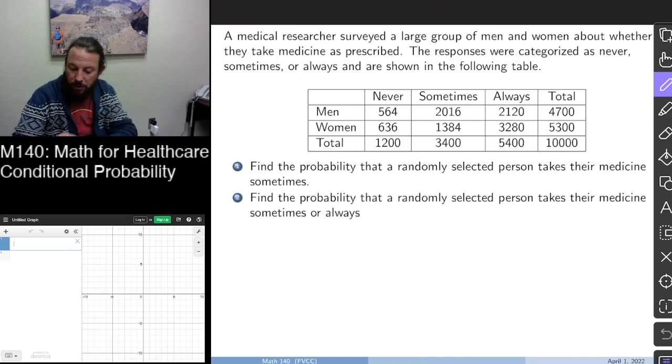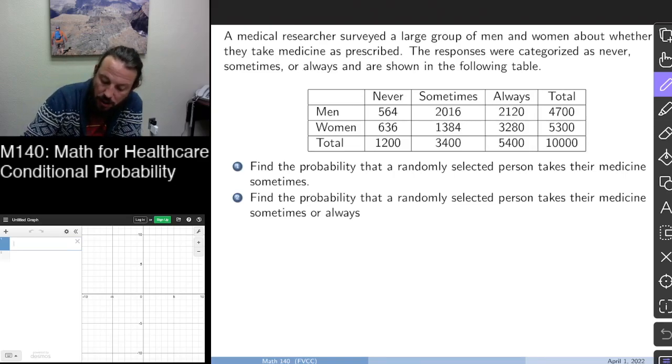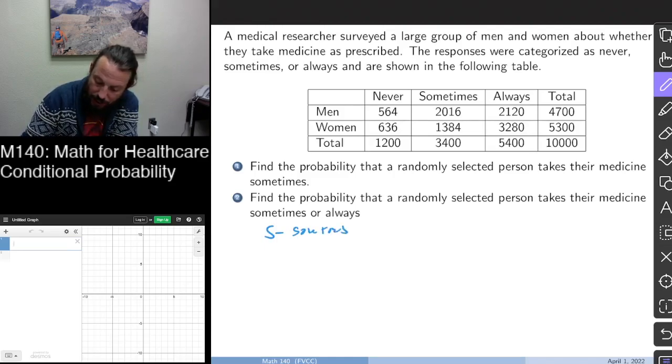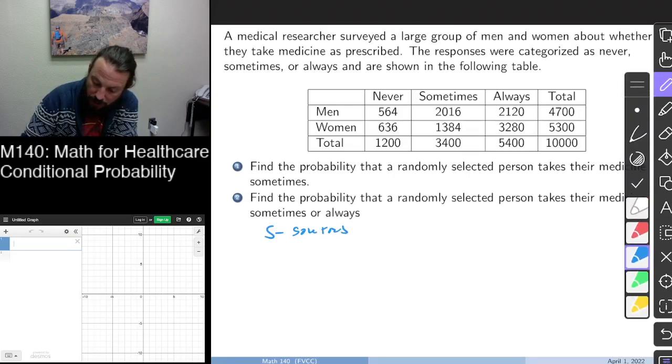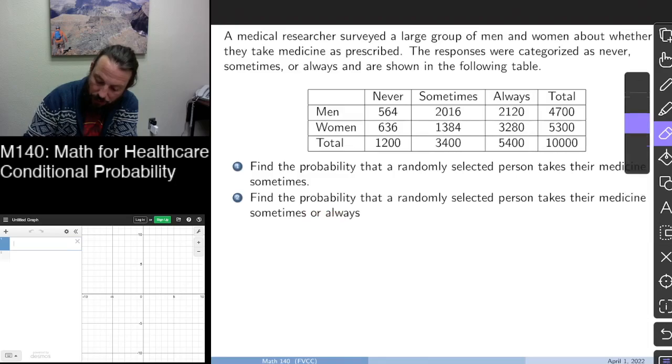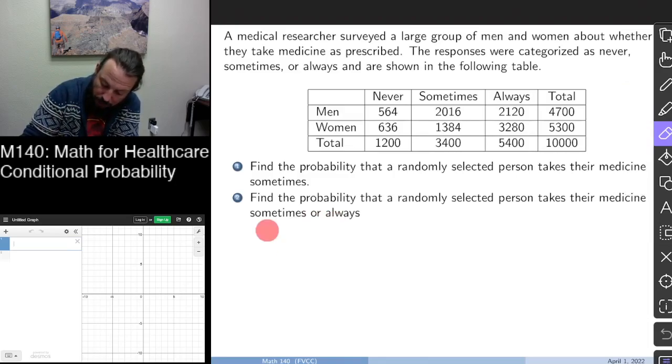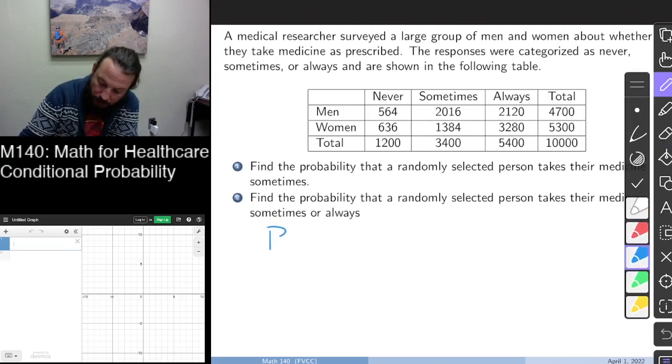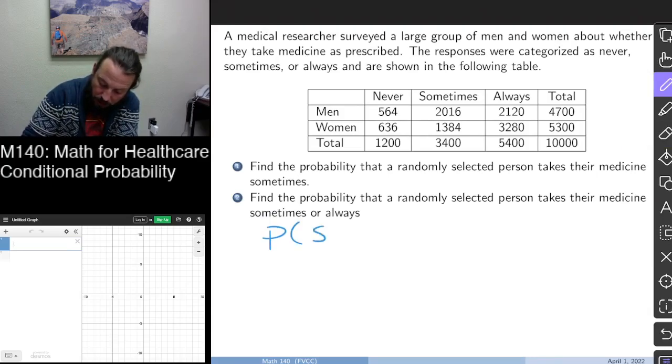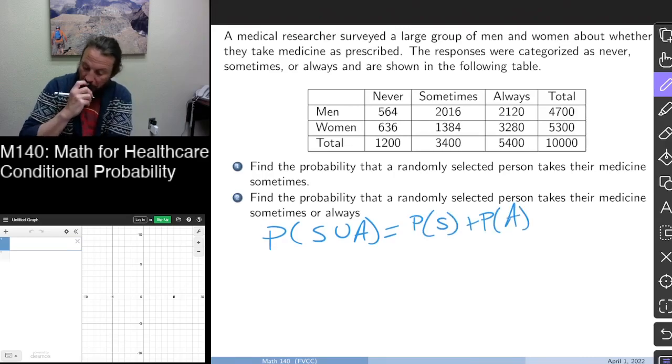And how about if we want to find the probability that a randomly selected person takes their medicine sometimes or always? Let's suppose S is the set of people who take it sometimes, and A is the set of people who take it always. Here we're looking for the probability of sometimes or always, and we can just do the probability of sometimes plus the probability of always.